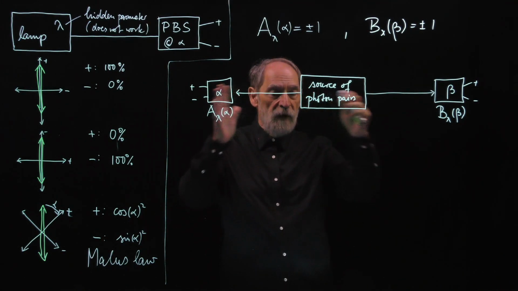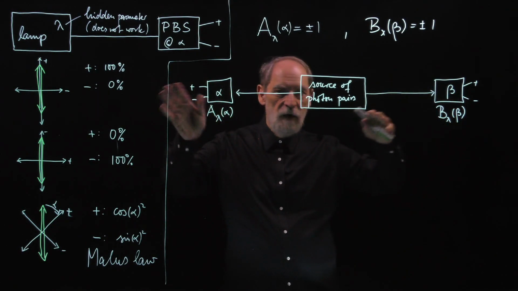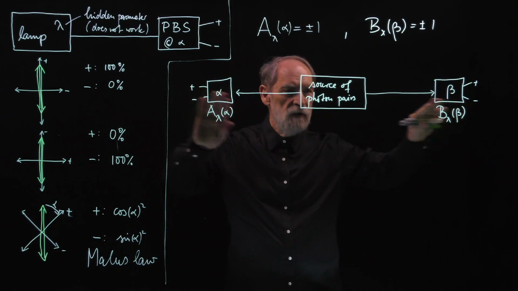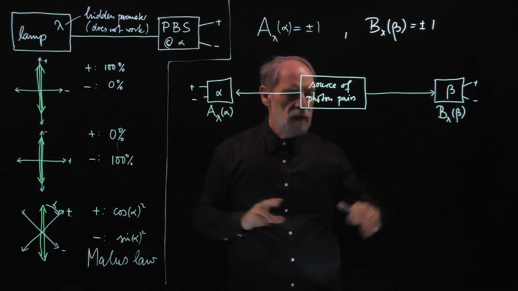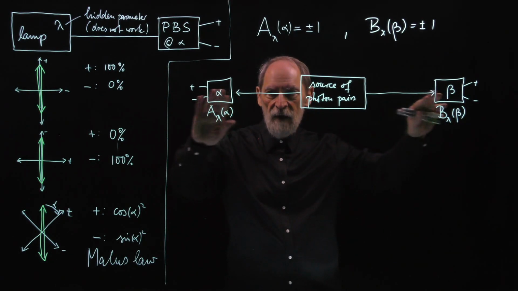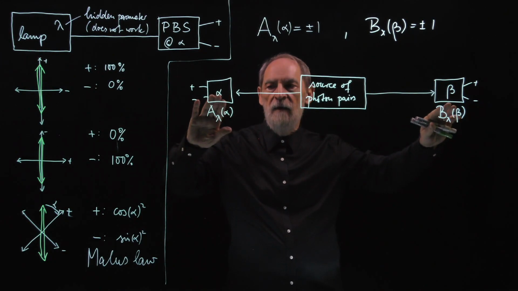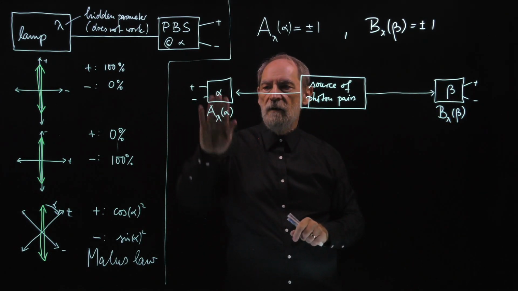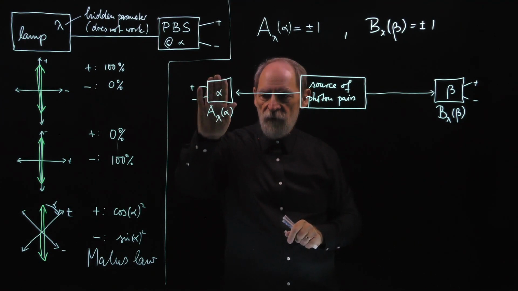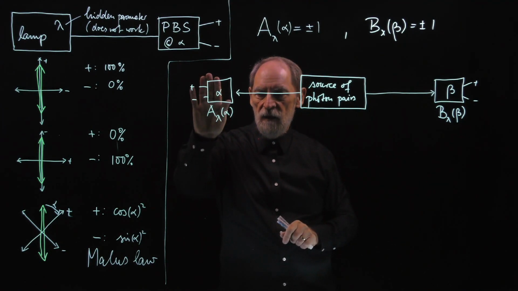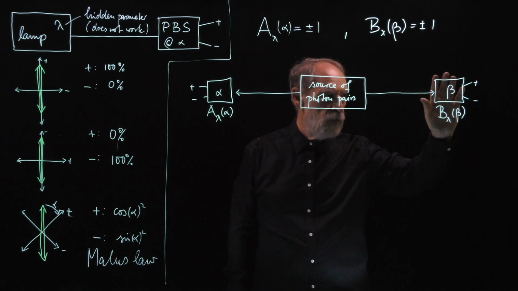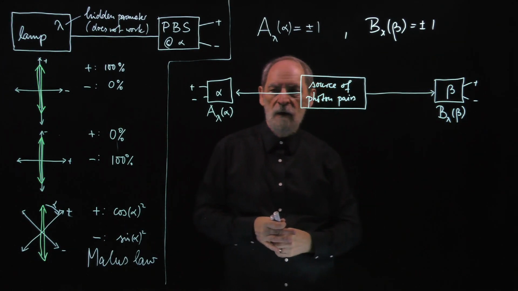So one could fantasize about having some communication between those, which is also hidden to us, but we just make sure that the decision about alpha and beta is made locally and very late, such that there's not enough time for communication between here and there. The point is that it will be sufficient to consider that what happens here depends only on the choice of alpha, and what happens here only depends on the choice of beta.